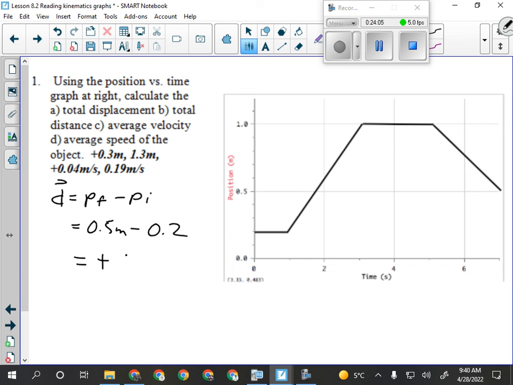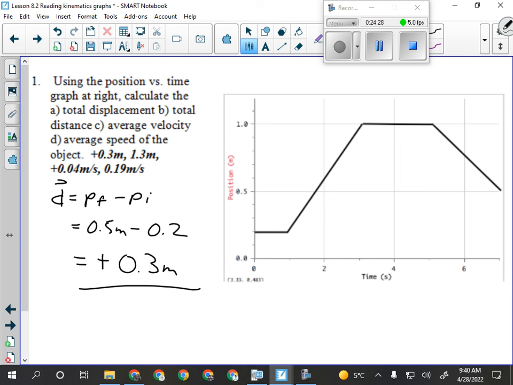Okay, that's going to mean positive 0.3 meters. Is the positive important? Is displacement a vector quantity? Then the positive is important. Okay, that's the only vector we're given in the question. Okay, we're not told north, south, left, right. We have to go with positive and negative.